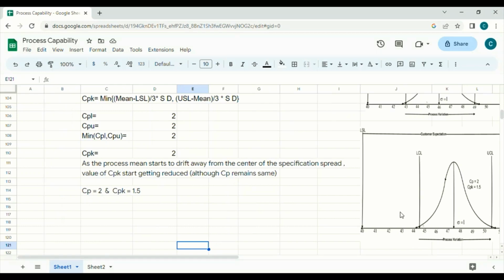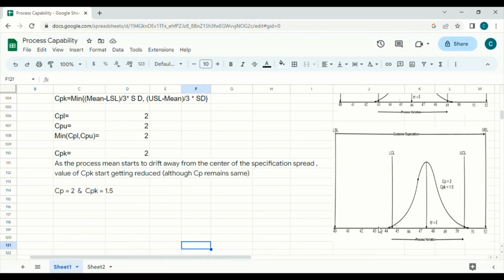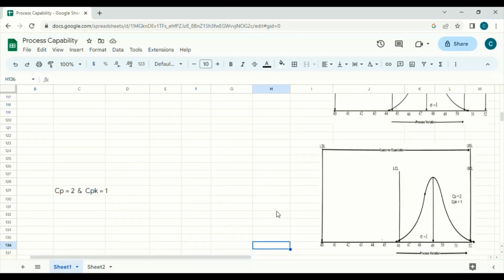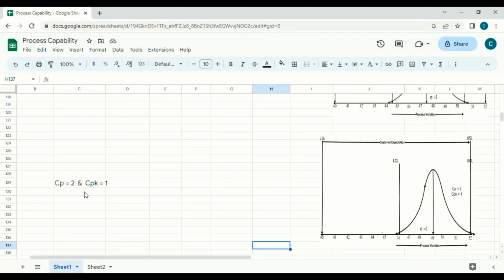That means Cp value will remain the same, that is 2, and Cpk equal to 1.5. That means process mean is shifting away from the target. Similarly, in another scenario you can see Cp value remains the same, which is equal to 2, and Cpk equal to 1. Again you can say that the process mean is shifting away from the target.